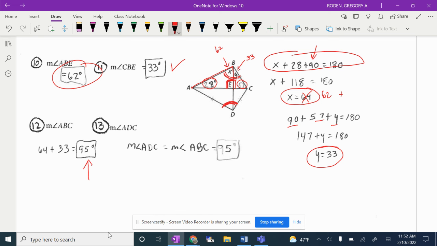And we know, ladies and gentlemen, that a kite always has one pair of congruent opposite angles, and B and D are the congruent opposite angles, so they are equal. So these two angles are congruent. We already know that this angle is 95 degrees, so this angle right here has to be 95 degrees. Hopefully that makes sense.